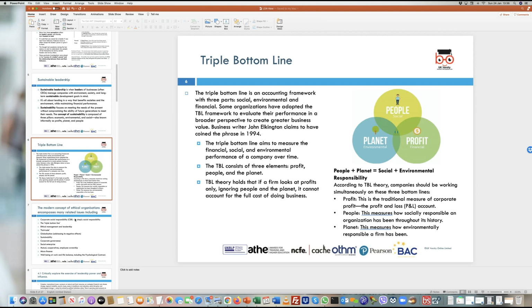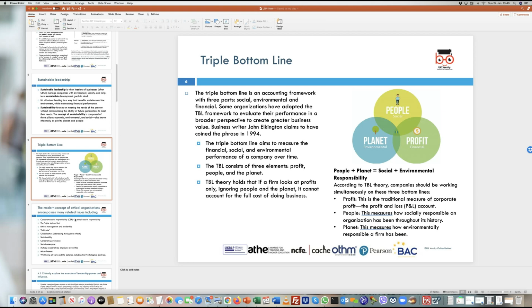The overall aspect of producing goods and services comes across when you understand what impact it has on the planet, and what impact it has on the people who work within the organization or the communities you work with. So that's the social aspect, the planet or environmental aspect, and what profits you make.